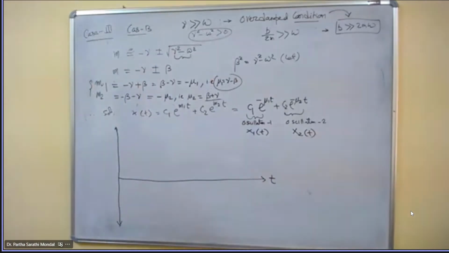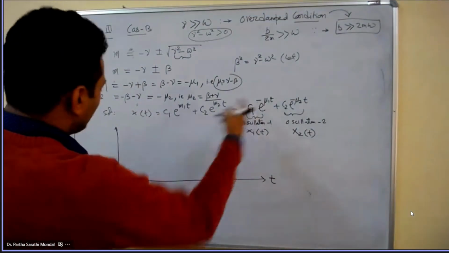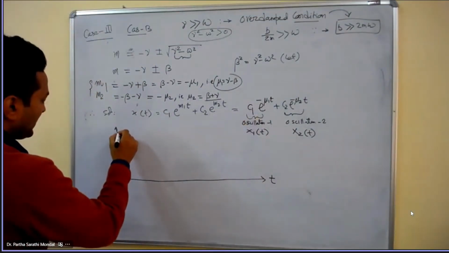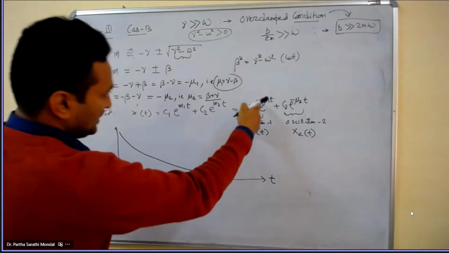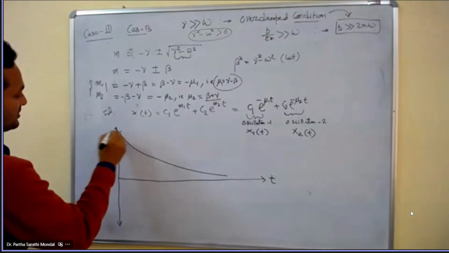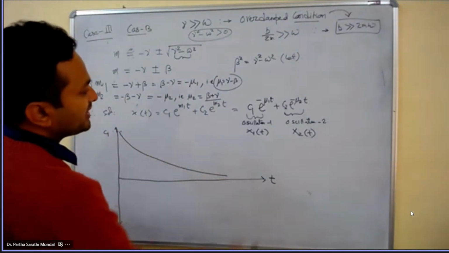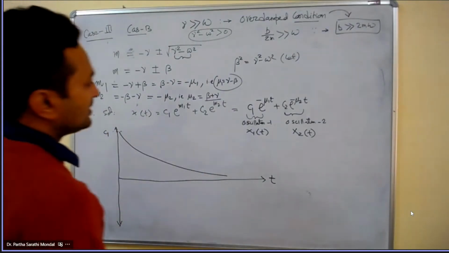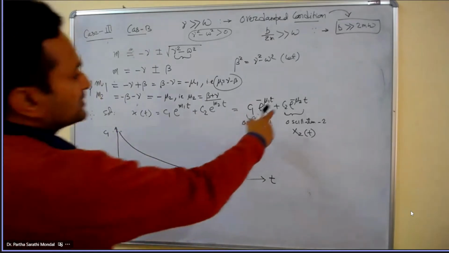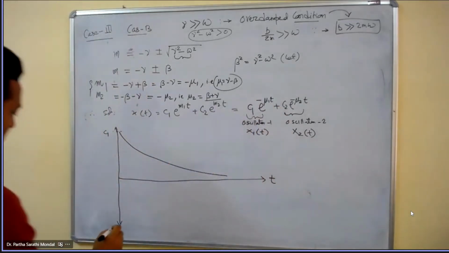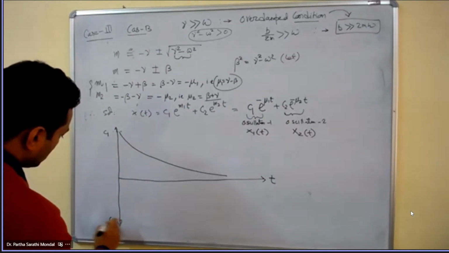Okay. So now if I plot x1 t, what will happen? It will be like this, because it's a decreasing function. This is your c1, and after infinite time it will become 0. Again, for the second one, let's say this is c2.